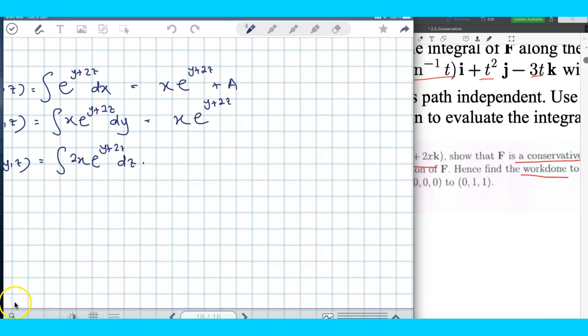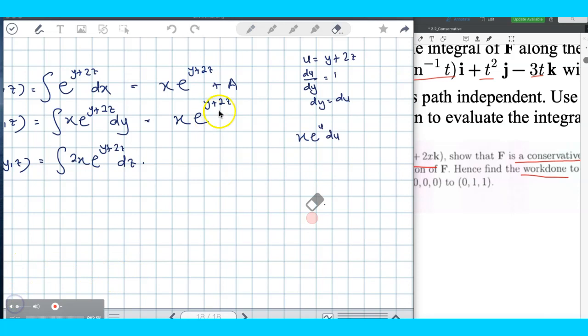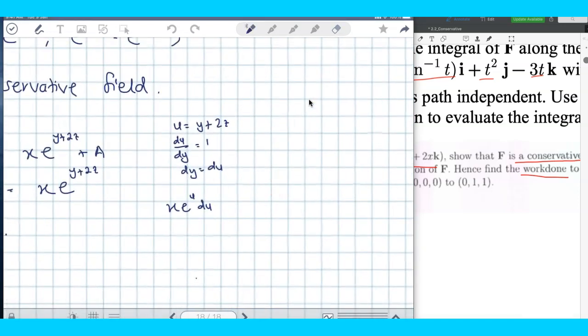Here you have to know how to integrate that. If you're not sure how to integrate e to the power of y plus 2z with respect to y, our aim is to integrate e to the y plus 2z, and here 2z is a constant with respect to y.